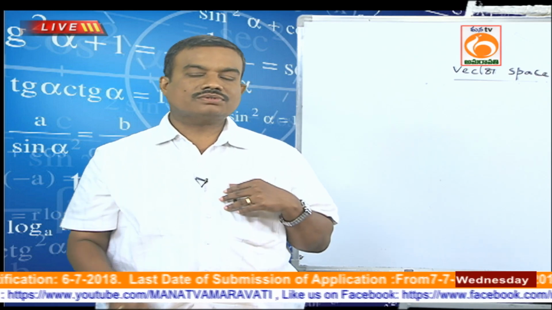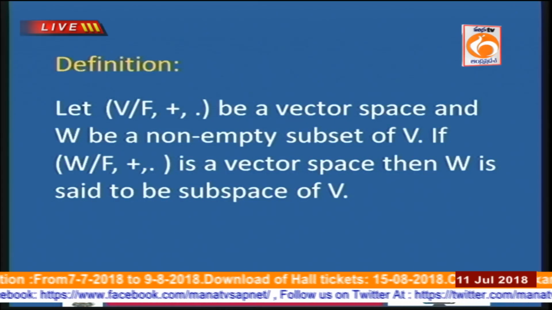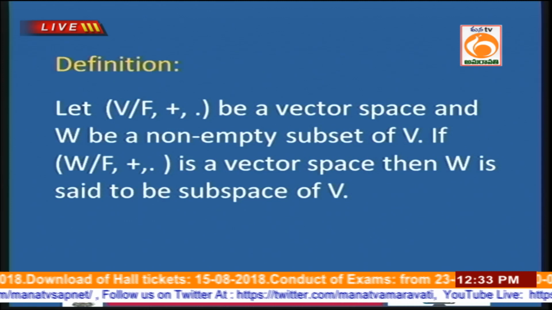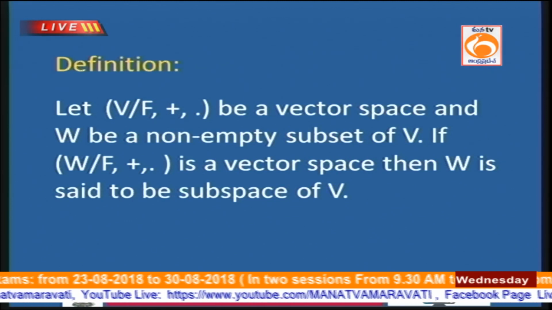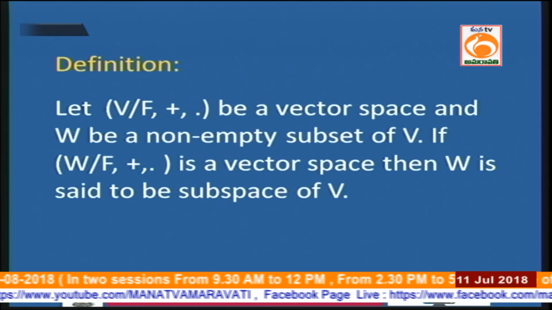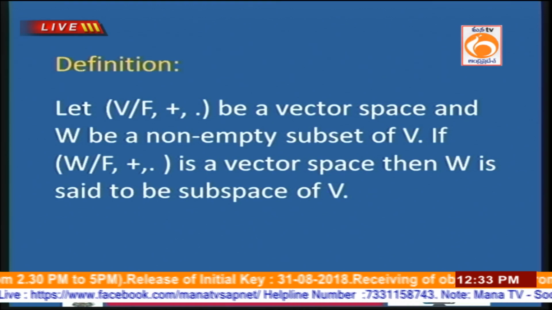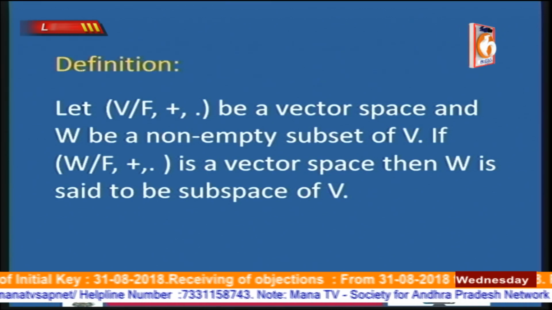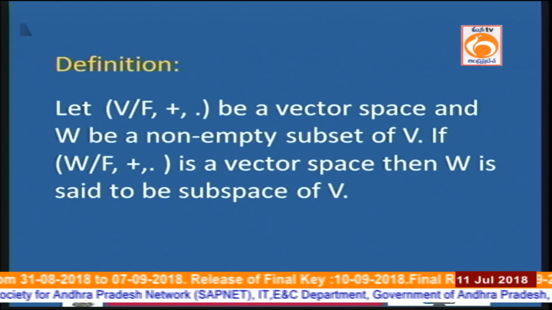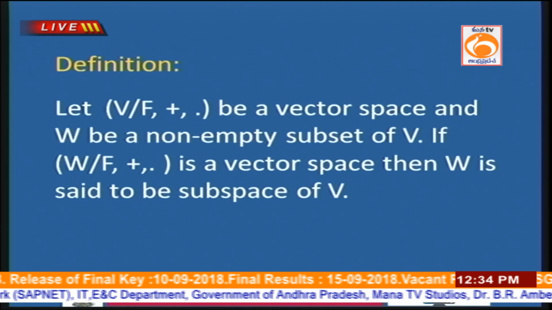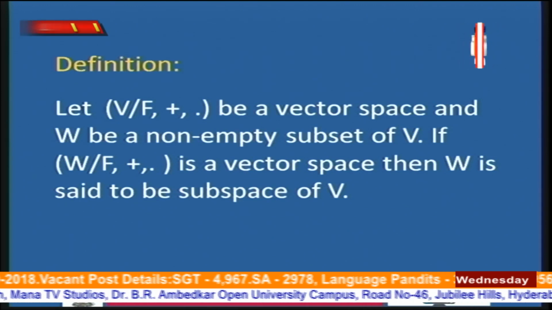The definition goes like this. Let V over F with plus and dot be a vector space and W be a non-empty subset of V. Since we are calling it a subspace, you have to start with a non-empty subset of V, which we denote by W. If W over F, with respect to the same addition and scalar multiplication, is a vector space, then W is said to be a subspace of V. Let me repeat once again.